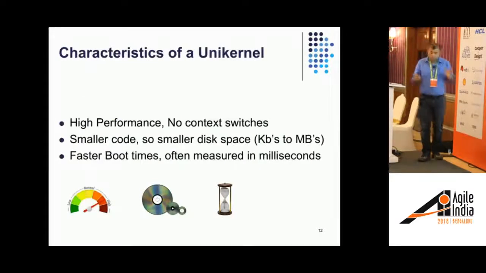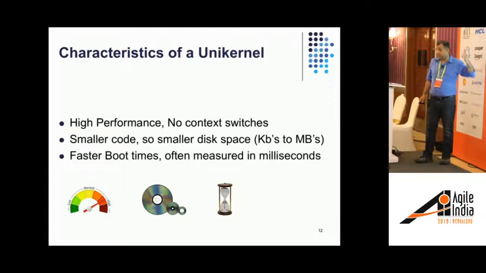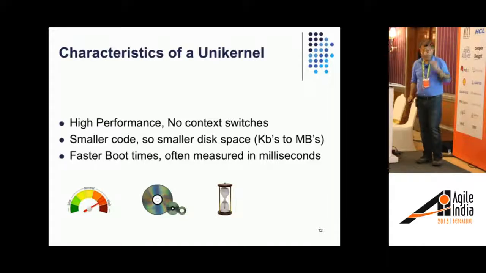So what are the characteristics of a unikernel? What makes it so unique? Unikernels are often high performance, and the reason is that there is less code, less overhead, and no switching between user and kernel modes, so they operate very fast.